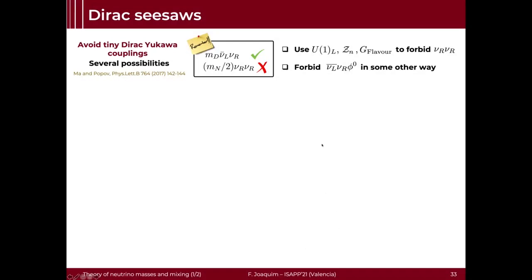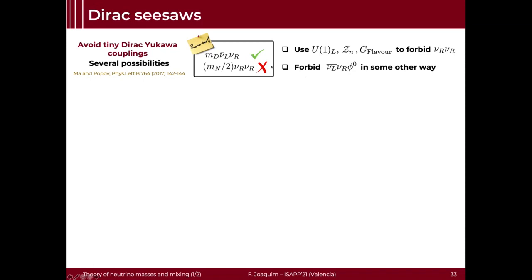So what you want at the end is to end up with some Dirac neutrino mass term, but you don't want to have this term here, this Majorana type mass term for the ν_R's. Why? Because we know that if both are present, we will end up with mass eigenstates that are Majorana.